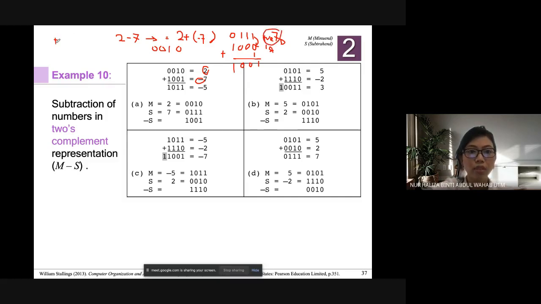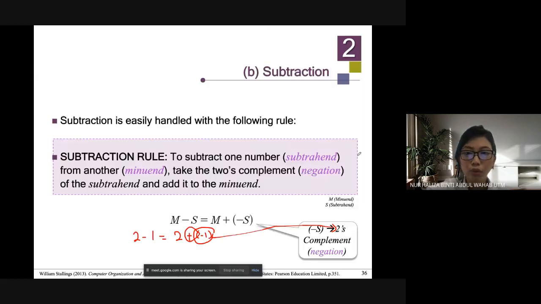So positive value of 7, you get 0, 1, 1, 1. So you need a negative. So you're going to change it and subtract it to be 2's complement. So you get 1001 and you're going to change it into adding.